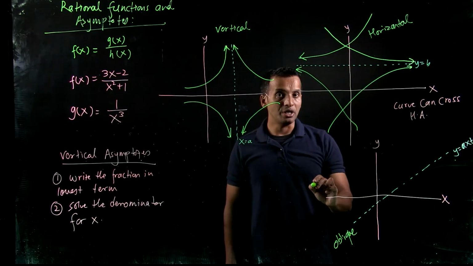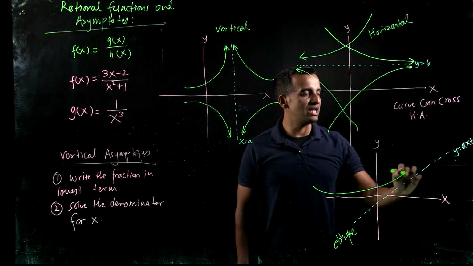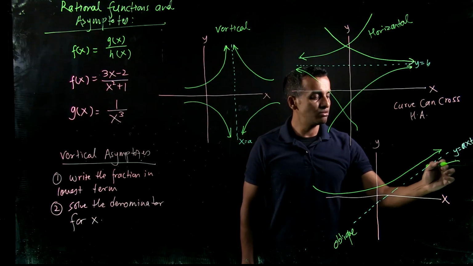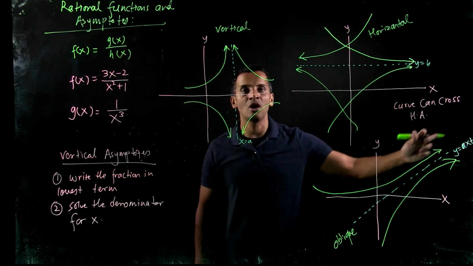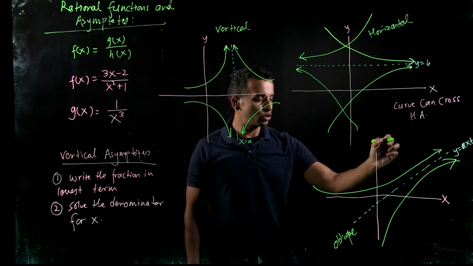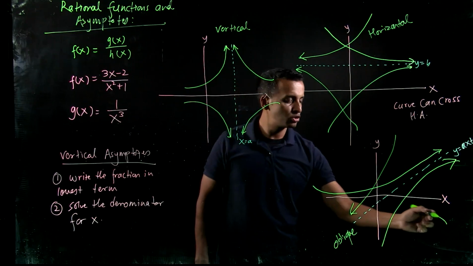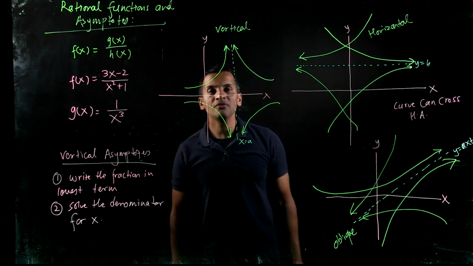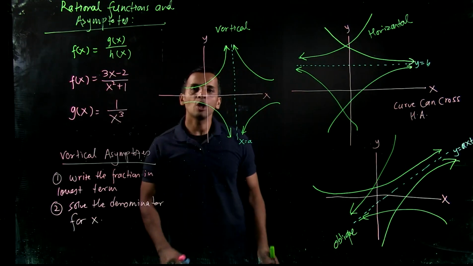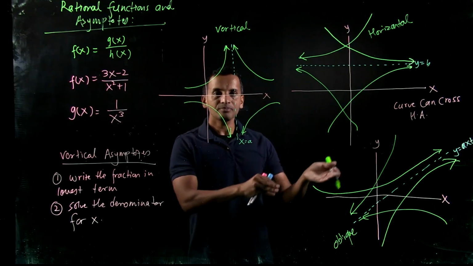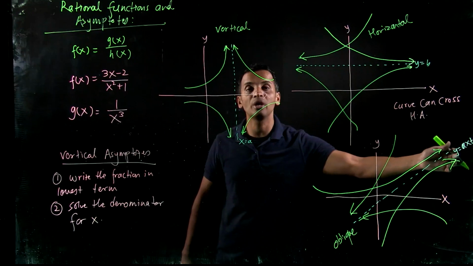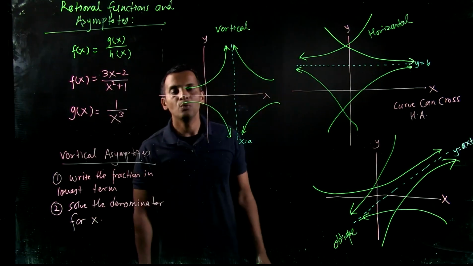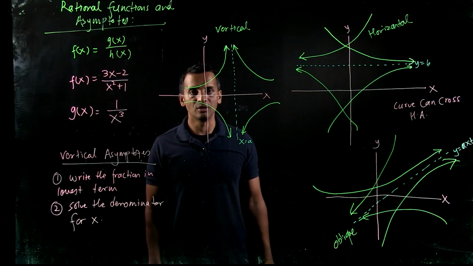Similarly, when you go to the extreme left or extreme right, if the graph of the function is getting close to an oblique line, not vertical, not horizontal, it could be like this or like this. So if the graph of a function is approaching an oblique line y equals ax plus b, that will be the oblique asymptote.